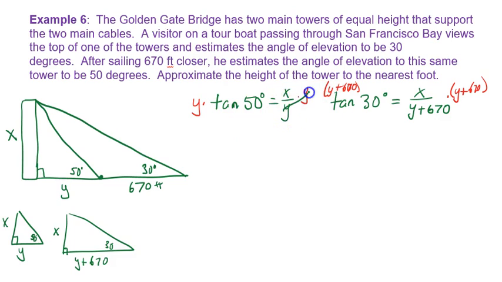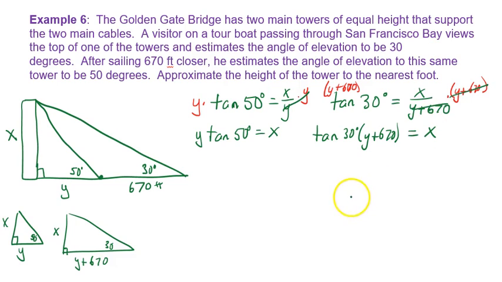So the y's will cancel out on this one, and I have y tangent 50 is x. On this one, I'm going to put this y plus 670 second. So I have tangent 30 times y plus 670 equals, and again those canceled, x.